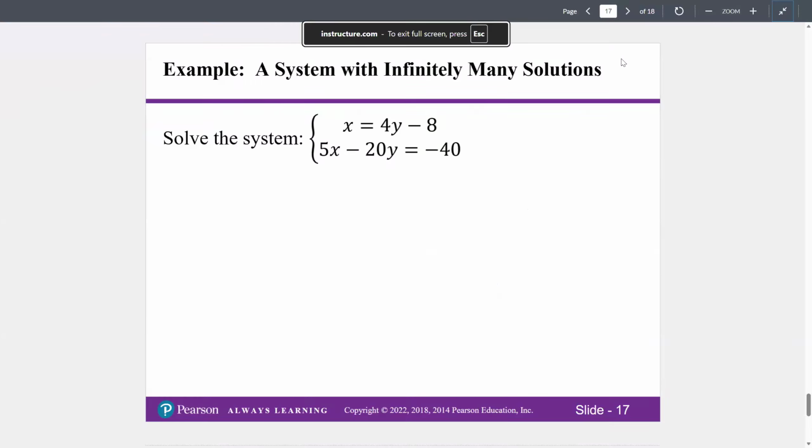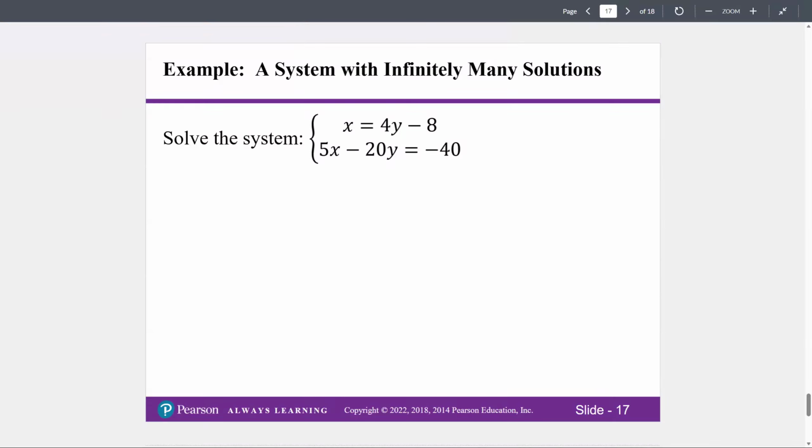Now here, we're going to have a system with infinitely many solutions. So we have x = 4y - 8. If we rewrite it, remember, as ax + by = c, that is going to be x - 4y = -8. The other we can keep the same, so that is 5x - 20y = -40.